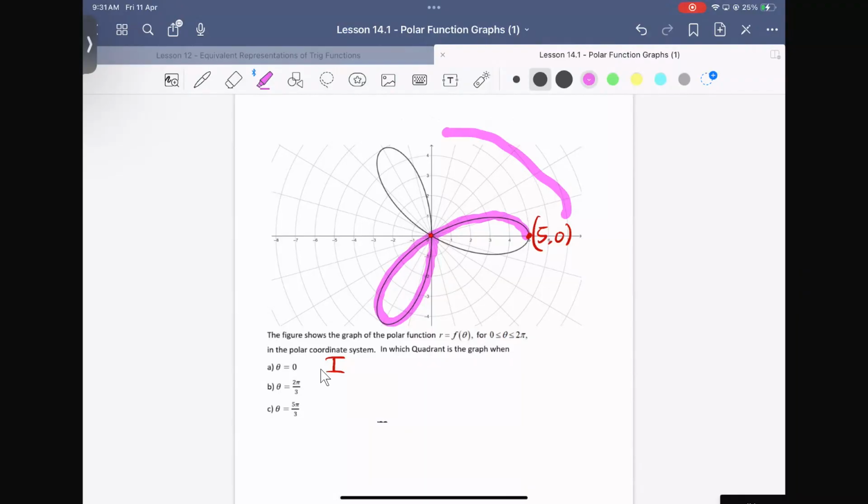How do I know it's that much? Well, we have to have something that's pointing in this direction, and it's got to be this bit down here. What's that, pi over 3? We have to have something pointing at pi over 3.